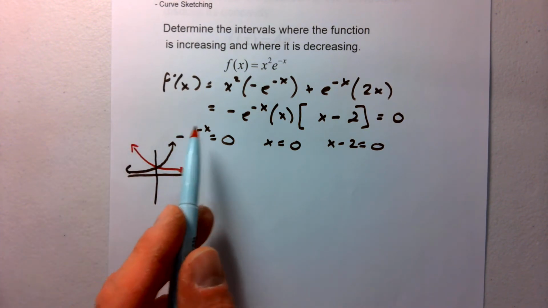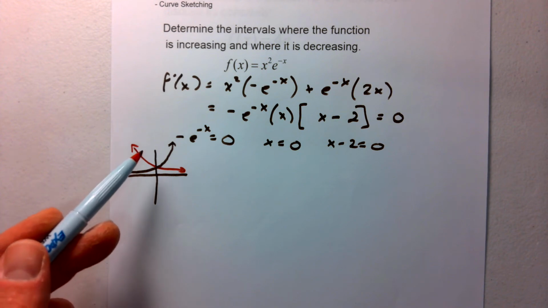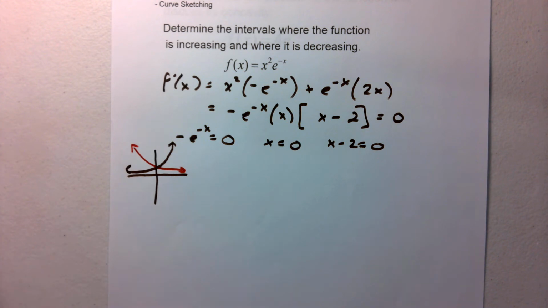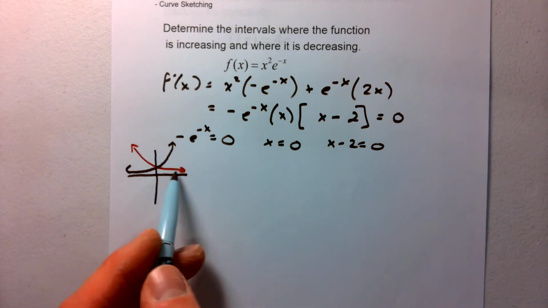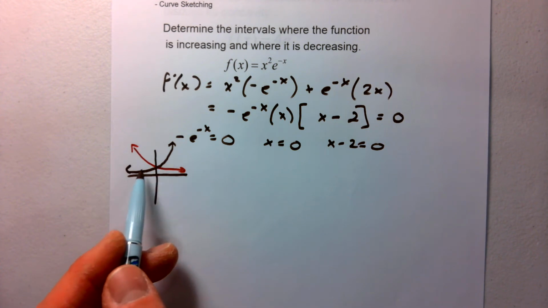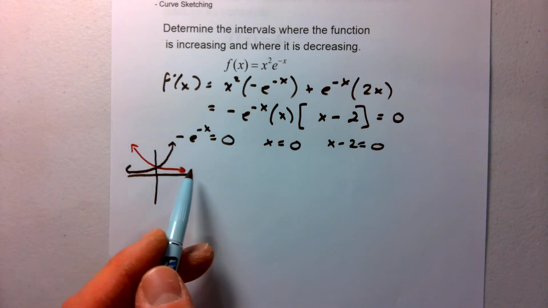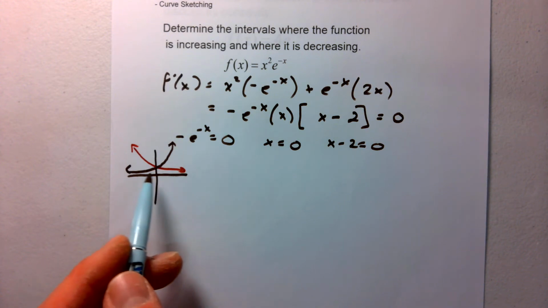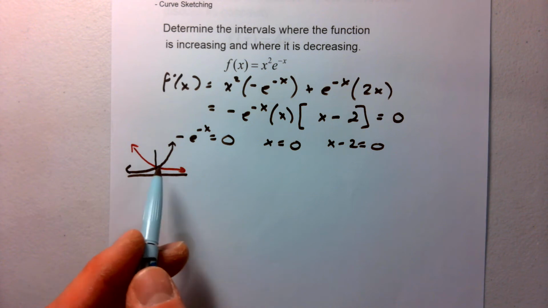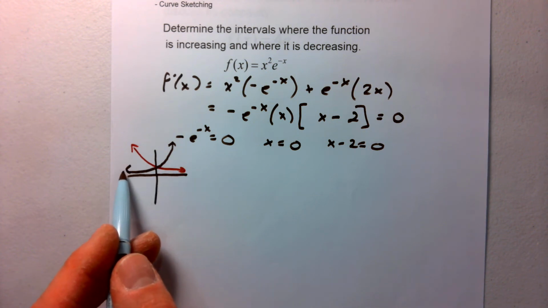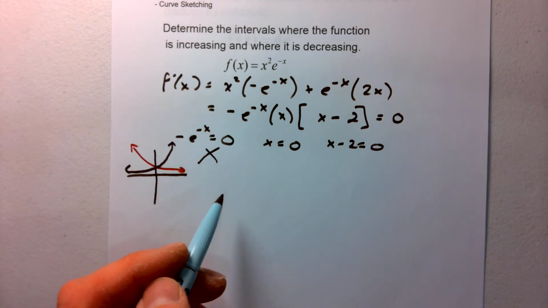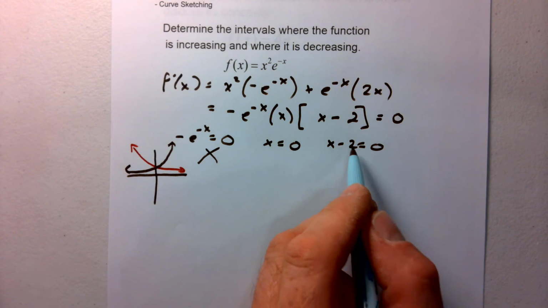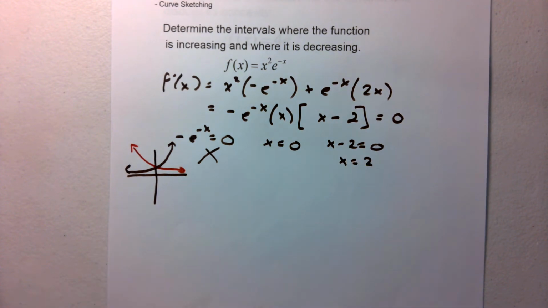And if I take the negative of it, it just reflects it across the x-axis. So it will never equal 0. I can get close to it. The limit is 0 as x gets closer to infinity or negative infinity, depending on which function it is, but it will never equal 0. So whenever we have e to an exponent equal to 0, we know that's not possible. Here I get x equals 0, and I have x equals 2.